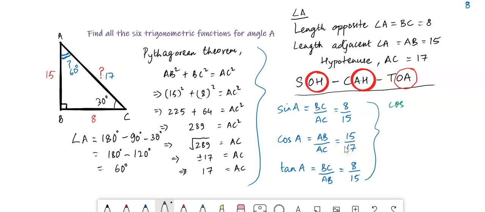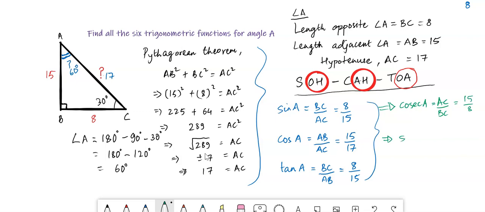Okay, so the opposite of sine A is going to be cosec A, which is just the reciprocal or inverse function. So we'll write AC over BC, and that is going to be 15 over 8.